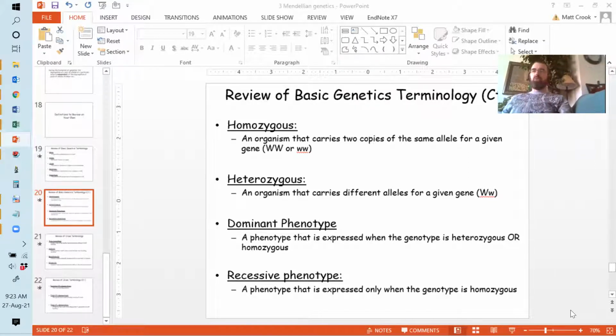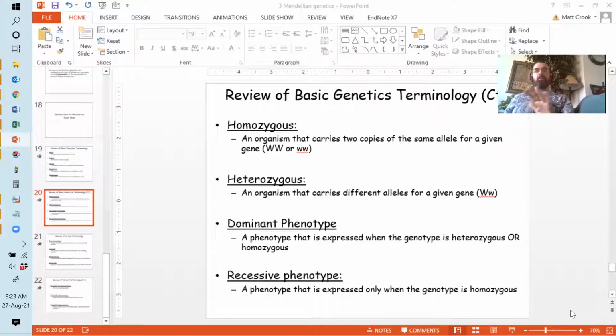So there's a few more little wrinkles to those definitions. When we talk about dominant allele, typically, not always, we're referring to the one that is normal, right? So if the gene works, then that's the dominant allele.